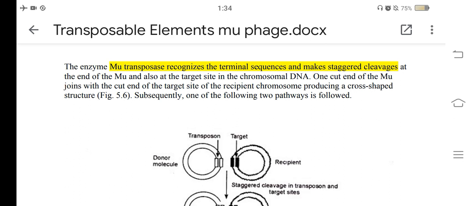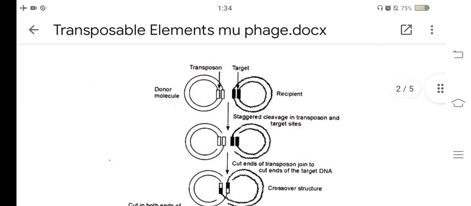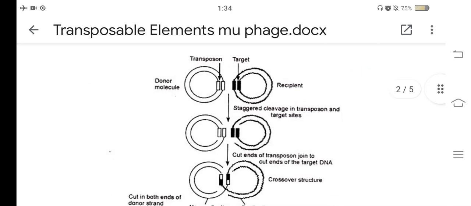One cut end of Mu joins with the cut end of the target site of the recipient chromosome, producing a cross-shaped structure. Subsequently, one of two pathways is followed. Donor molecule, target, recipient, staggered cleavage in transposon and target sites.